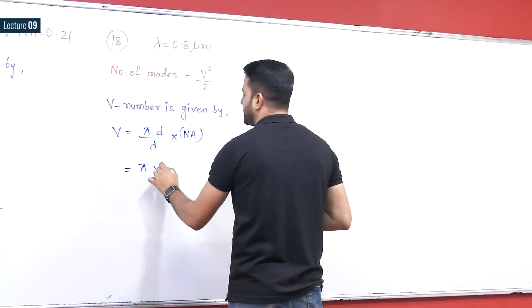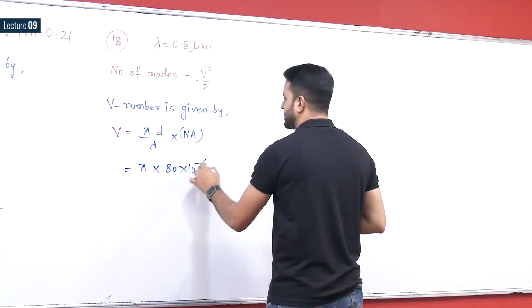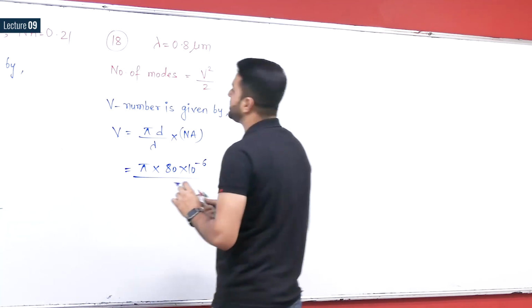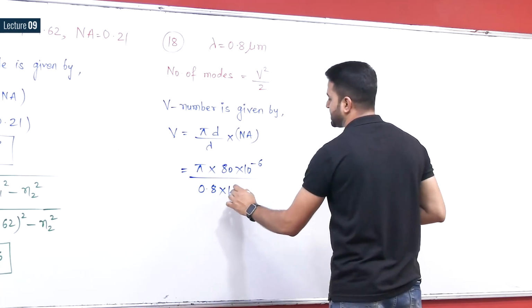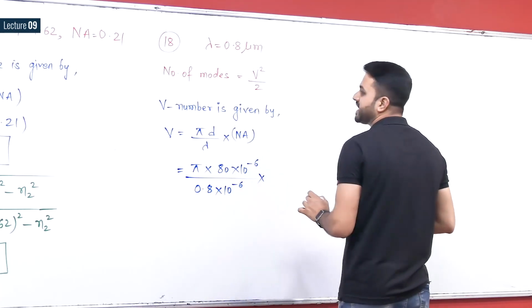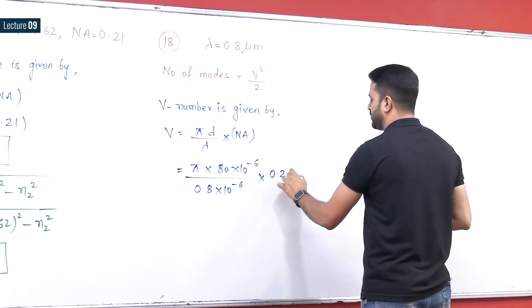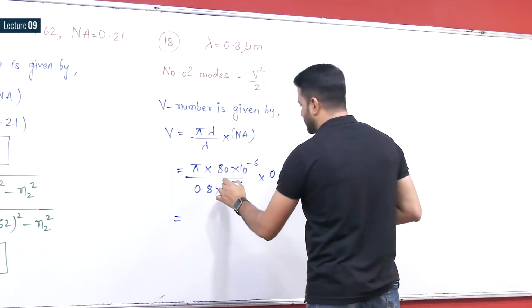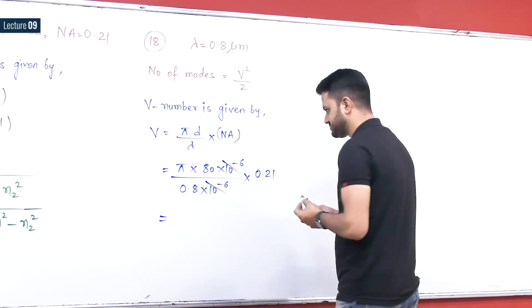So pi is the constant, the diameter is given as 80 into 10 raised to power minus 6, and the wavelength is 0.8 micrometer. So this is 0.8 into 10 raised to power minus 6 again, and the value of numerical aperture is given as 0.21. So this 10 raised to power minus 6 will get cancelled and we get 100 here.